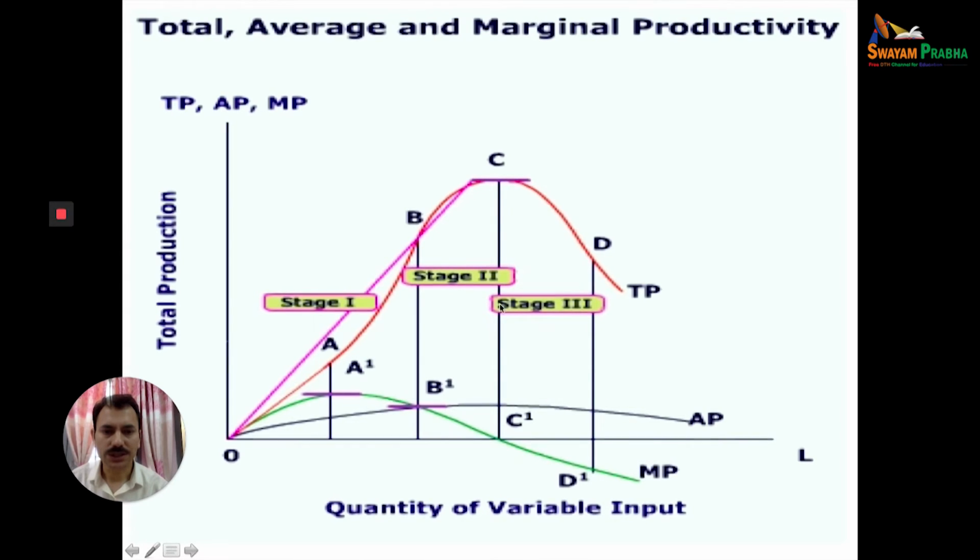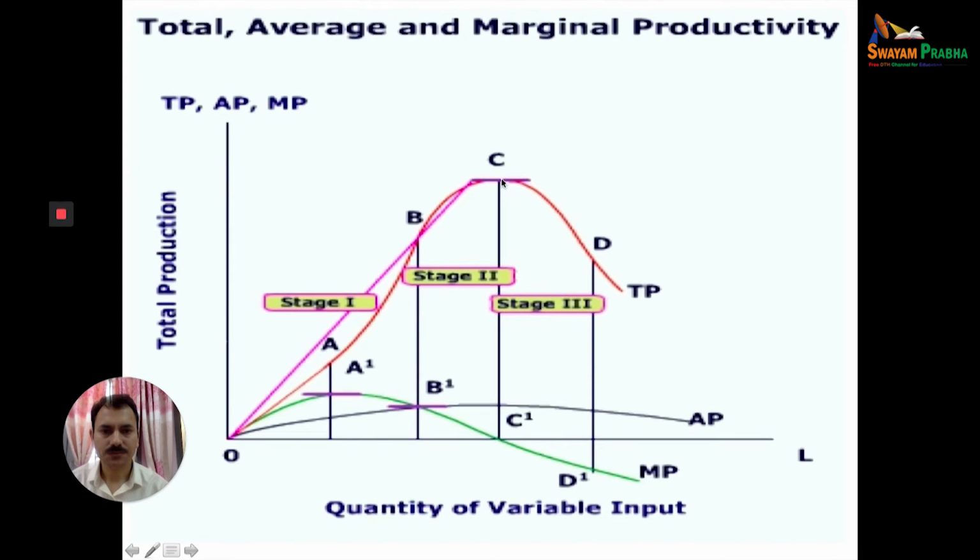Now this C is the maximum output, when MP is 0, and beyond this, when total product starts decreasing, marginal product is negative, but average product is still decreasing but positive.